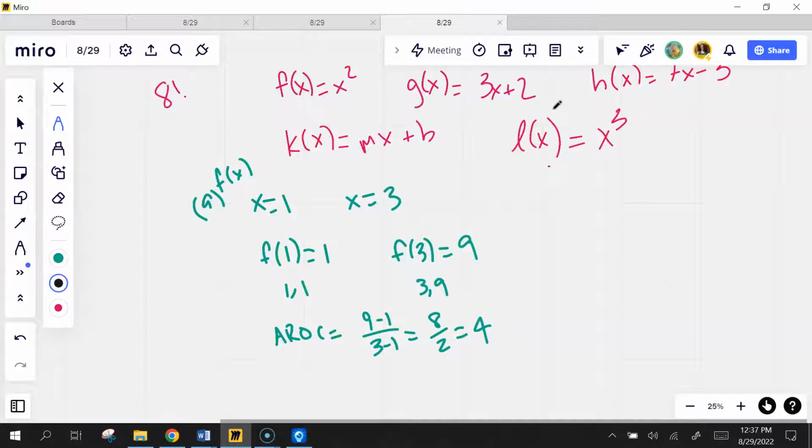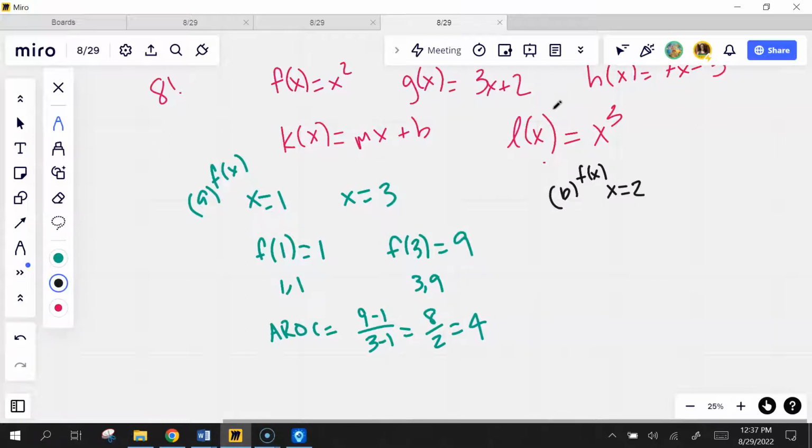Do y'all need me to do all of them, or are there certain ones? You really don't? Are you being serious? All right, so part B is A-Rock for f from x equals 2 to x equals 5.